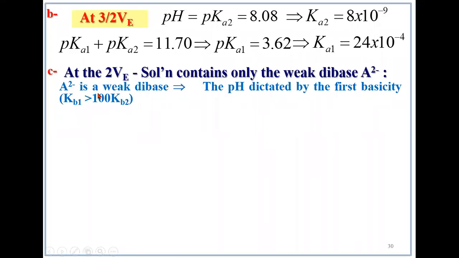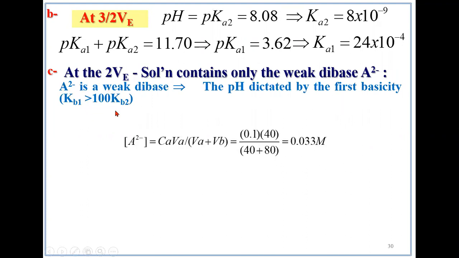Okay, so always we assume that the pH of the A2 minus is dictated by its first basicity, because the KB1 is greater than 100 KB2. Now, of course, I don't really want you to waste any time to check this because, for all first year courses, this is always going to be the case.